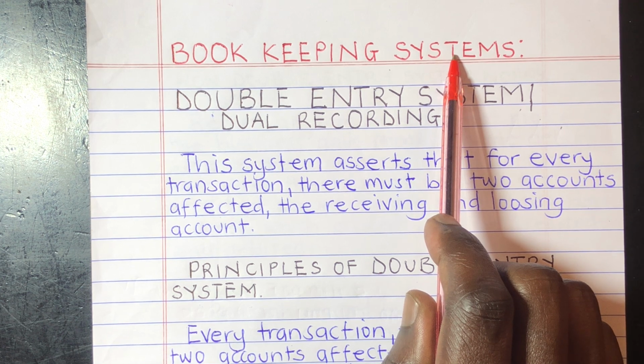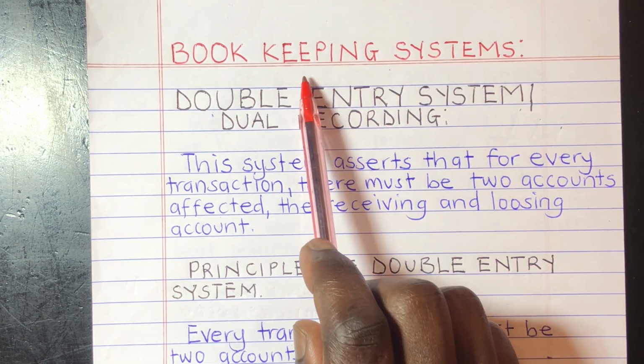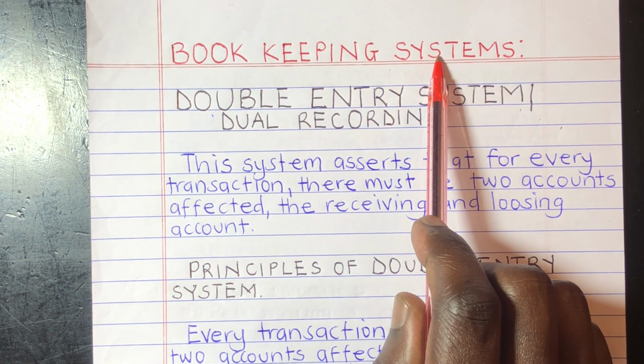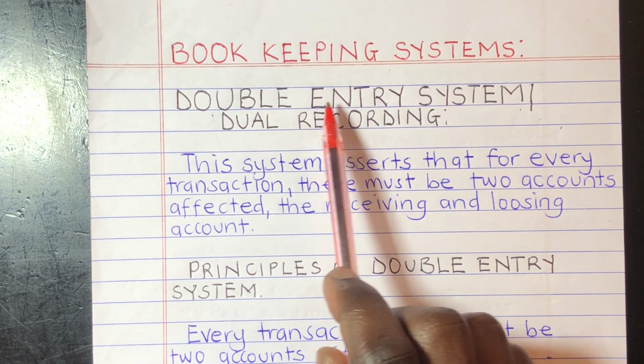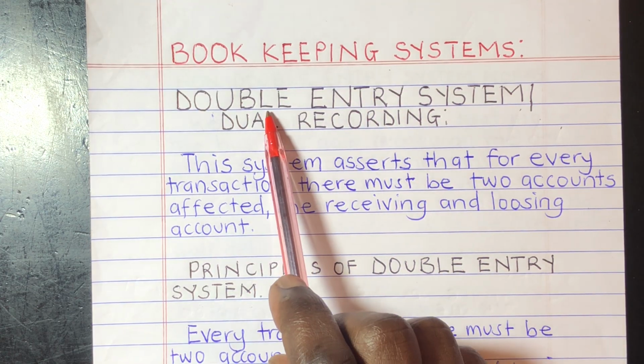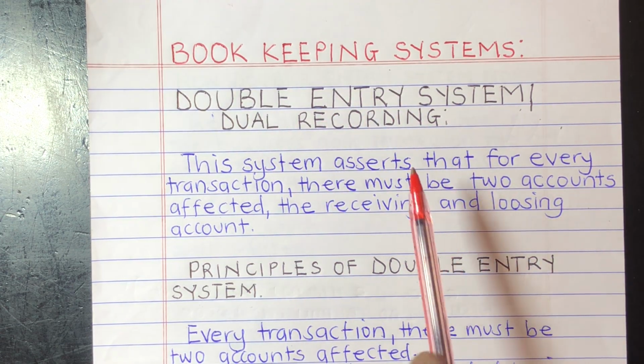Remember, you have two systems of bookkeeping, the single entry system and the double entry system, or the dual recording. Today I'm going to be discussing the dual entry system, which is also called the double entry system of bookkeeping.